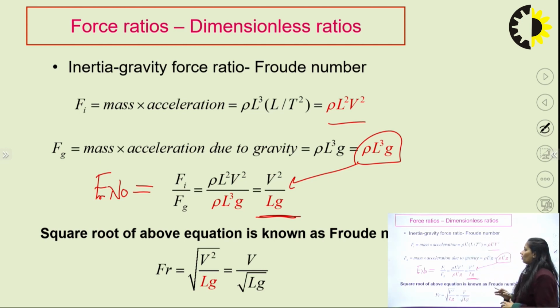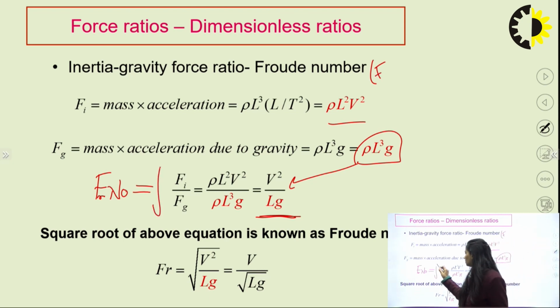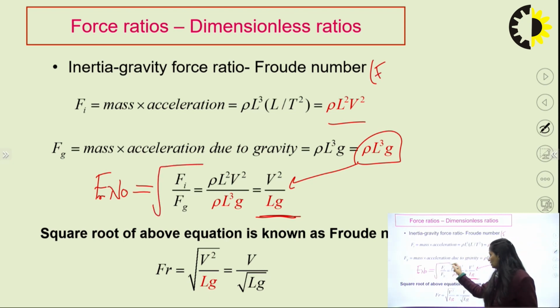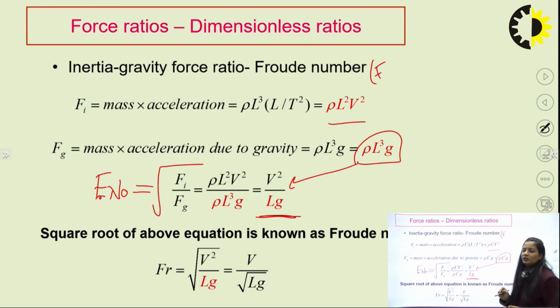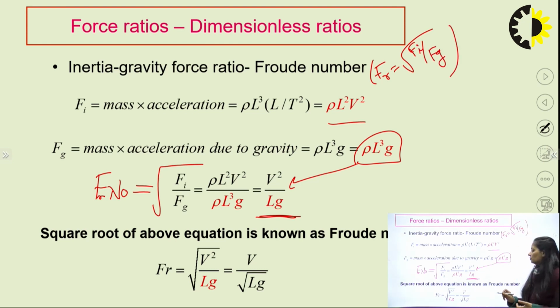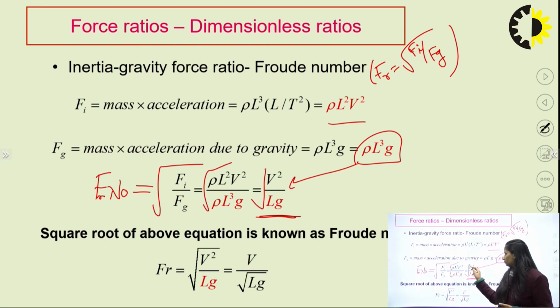Okay, Froude number, when we define it, we say that square root of Fi by Fg is actually equal to Froude number. So here you can write that the square root was left out here. So just take a square root of this particular term also.